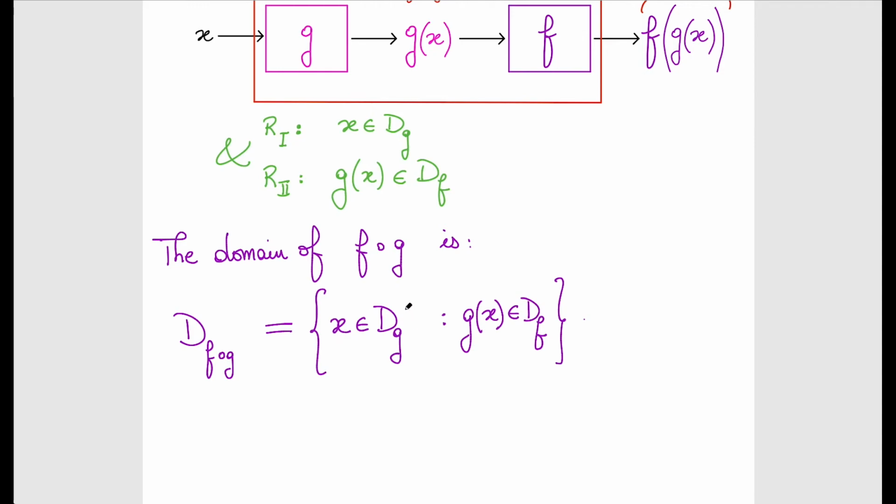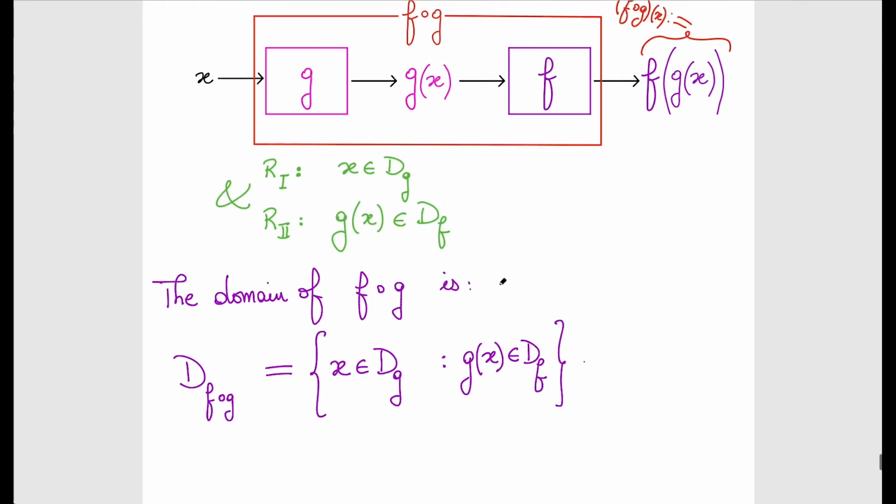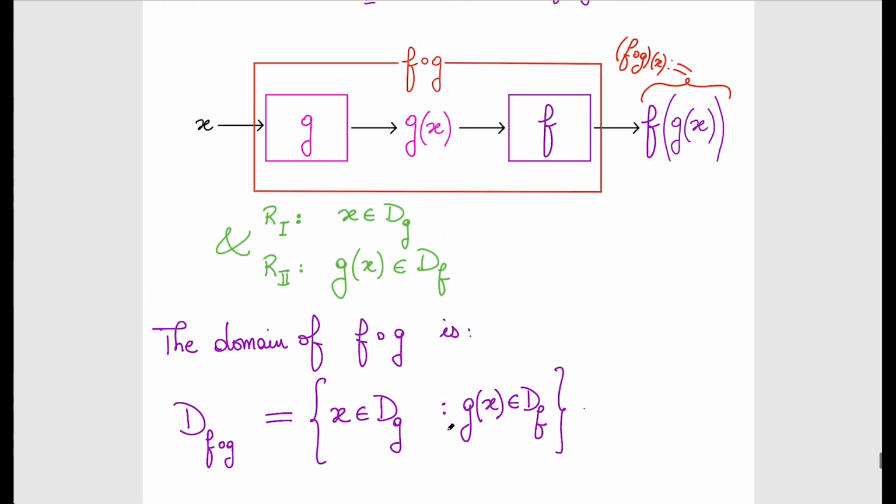But you may lose some of them based on this condition, because not all of them may verify this condition. Okay, so among those, I'm gonna keep those which allow g of x to stay in the domain of f. Okay, so this is the reasoning, and this is the result.